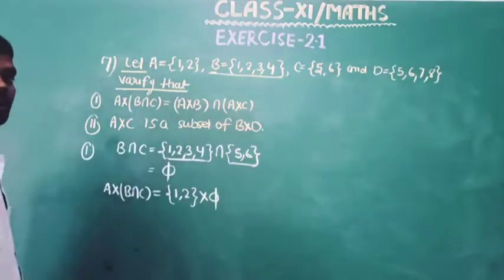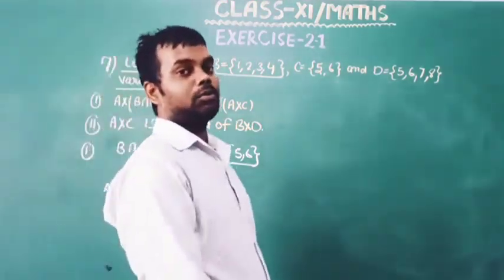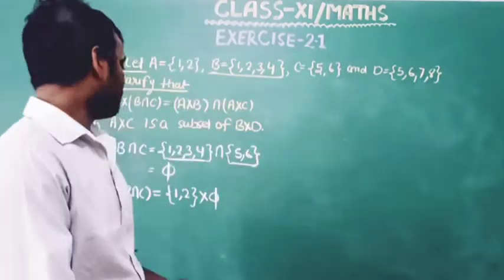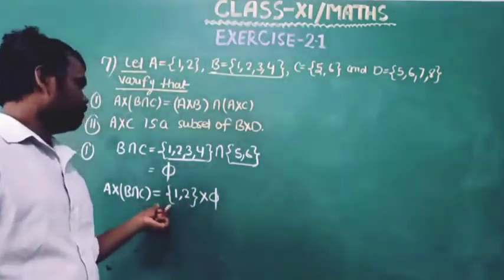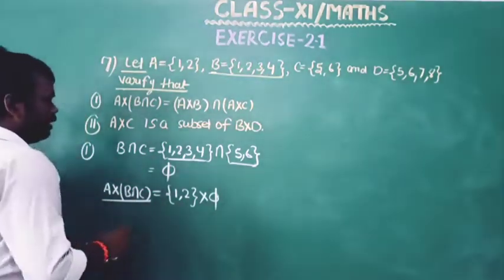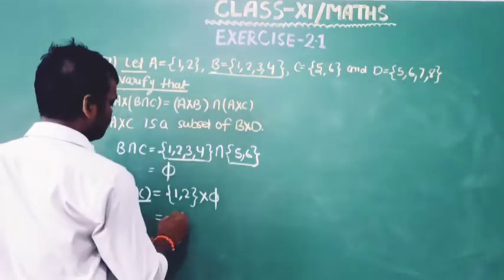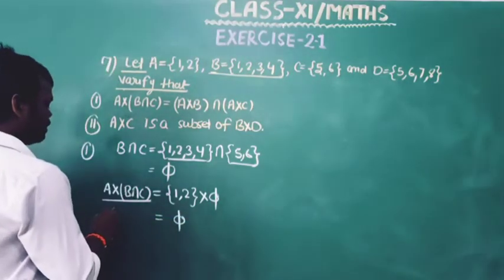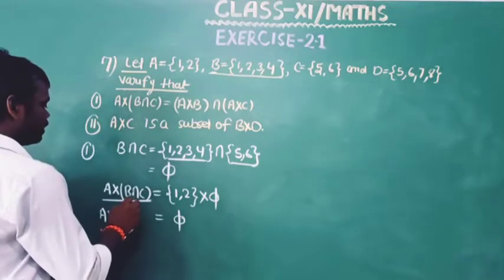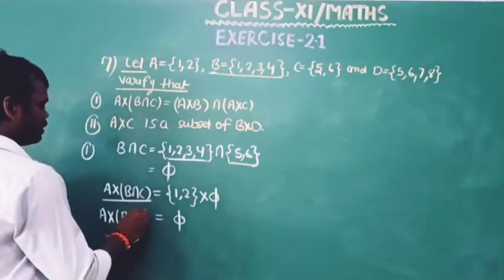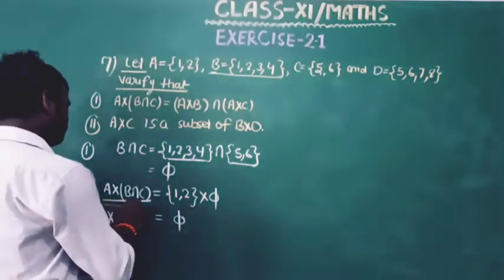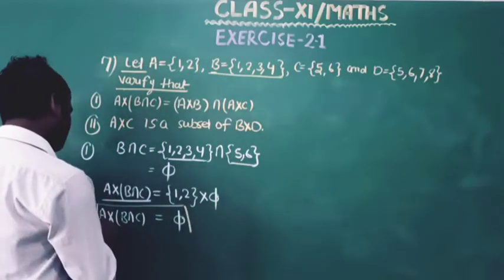And if you know, in the Cartesian product of two sets, if any set is empty, then the Cartesian product is not defined. So A cross (B intersection C) is also equal to the null set.